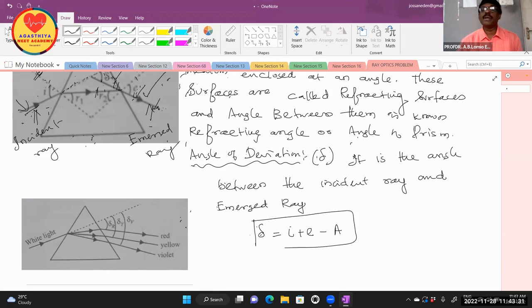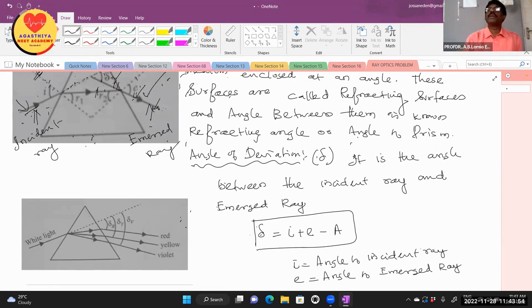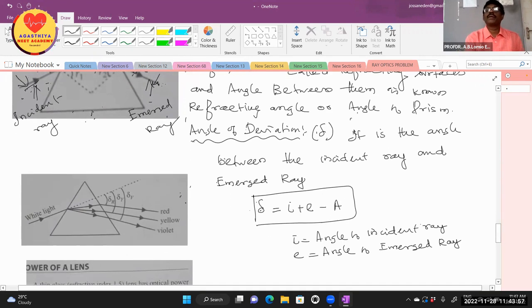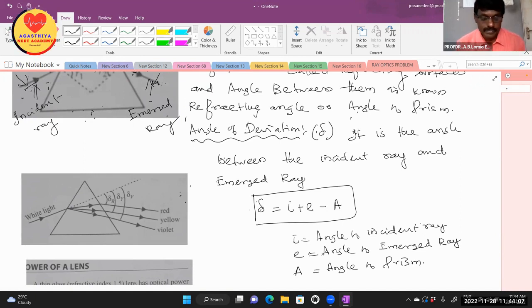Kindly note down this, where I is the angle of incidence, E is the angle of emergence, A is the angle of prism.